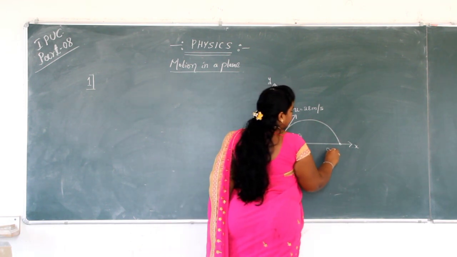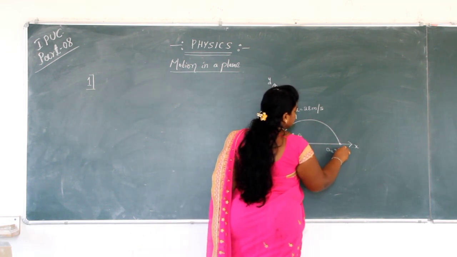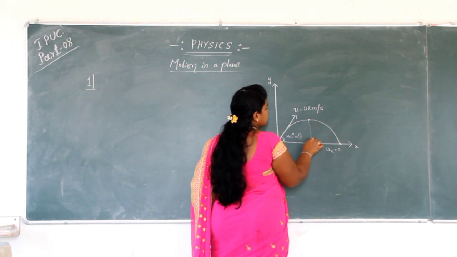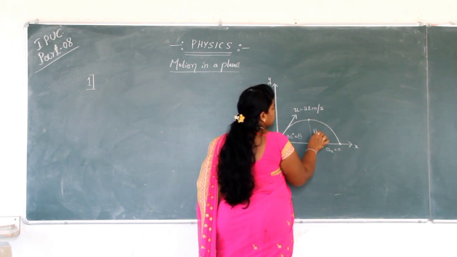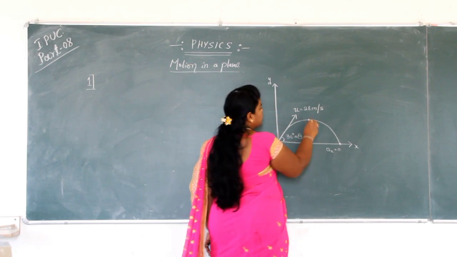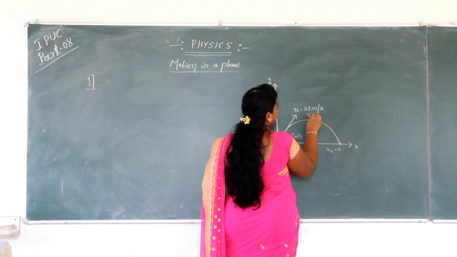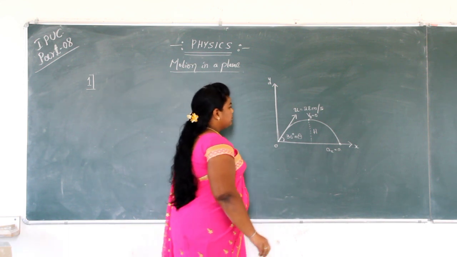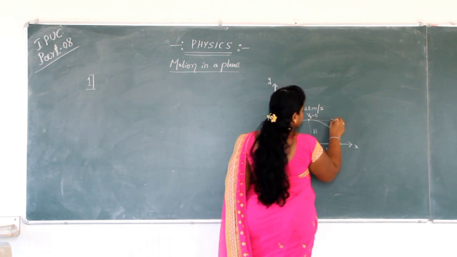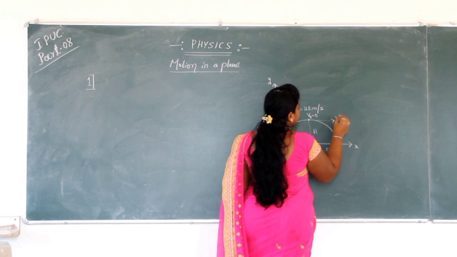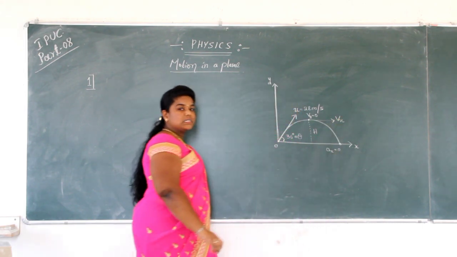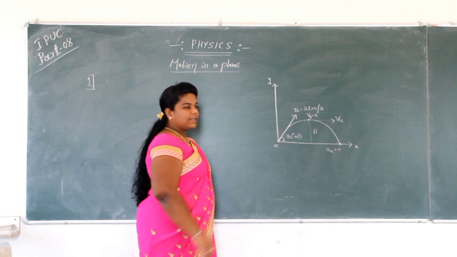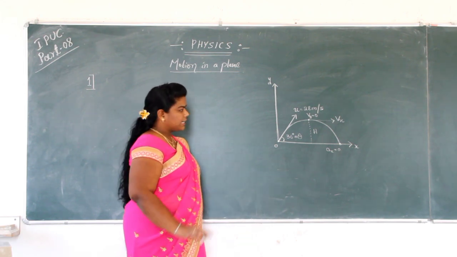Along the horizontal direction, acceleration is 0, and at the maximum height, this is the maximum height h of the projectile. At maximum height, the vertical velocity vy is 0, and at maximum height we have only vx, that is the velocity along the horizontal direction. The theory part helps; no need to discuss again.